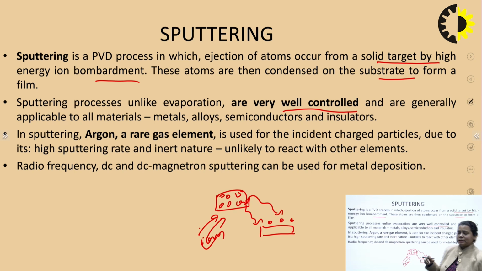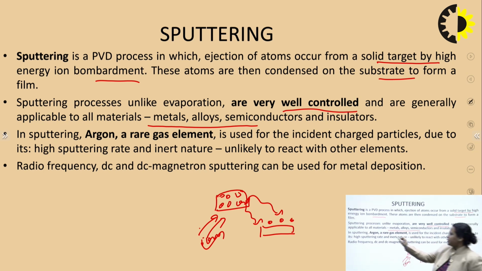Only as soon as the process is stopped does the vapor stop. Otherwise it is not a controlled process. But here it is a controlled process that we can utilize accordingly, and it is generally applicable to materials like metals, alloys, semiconductors and insulators.